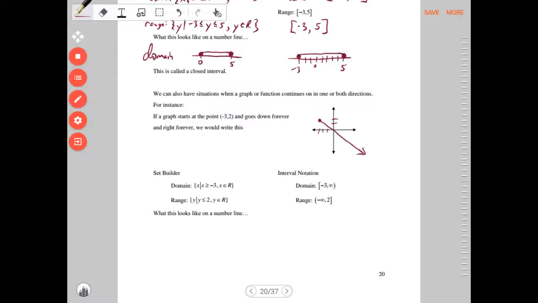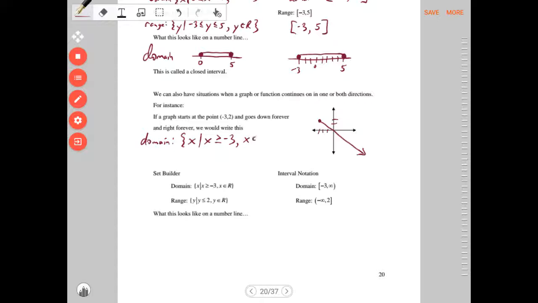All right, so the domain here, we write the word domain. You can simplify that to a D a little later on, but for now, let's just write it out proper. So the domain, curly brackets, x such that x is bigger than or equal to -3, going all the way up to infinity.